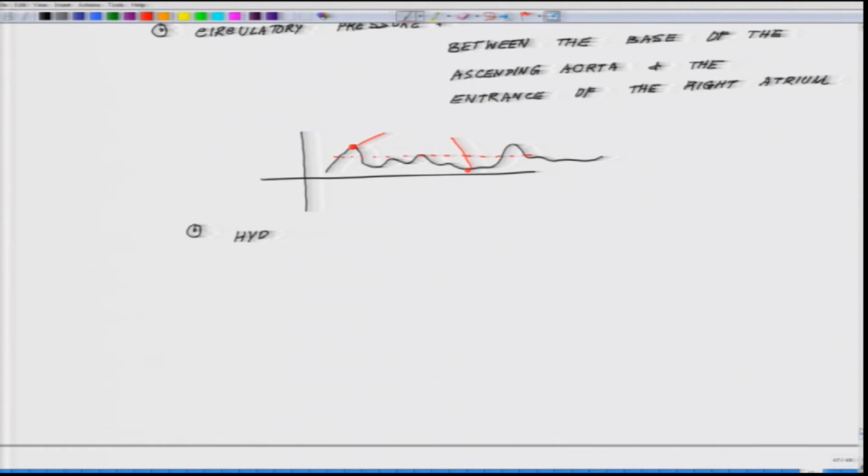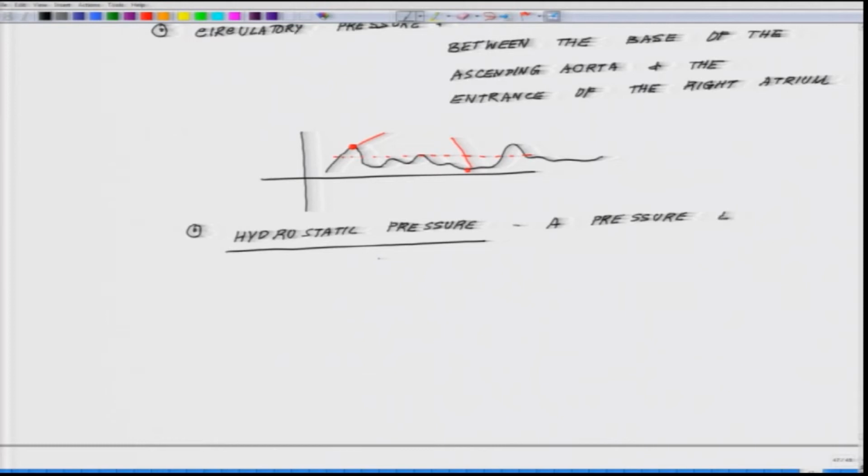Now, we are explaining what is hydrostatic pressure. Hydrostatic pressure is the pressure exerted by a liquid in response to applied force.